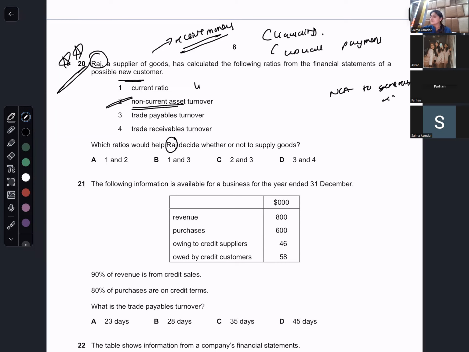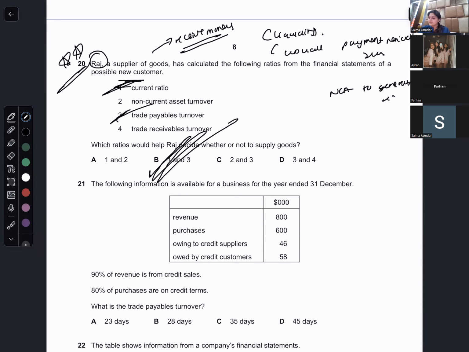So he will look at his current ratio and his trade payables turnover ratio. The option is B.